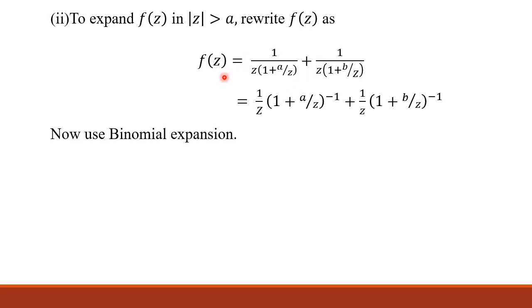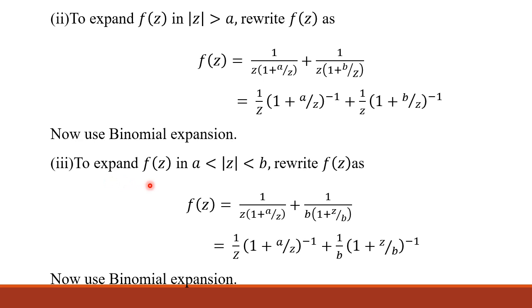So, we get f(z) as 1 by z into (1 plus a by z) plus 1 by z into (1 plus b by z). Now, take the terms 1 plus a by z and 1 plus b by z to the numerator, and it goes to the power minus 1. Again, we apply the binomial expansion.